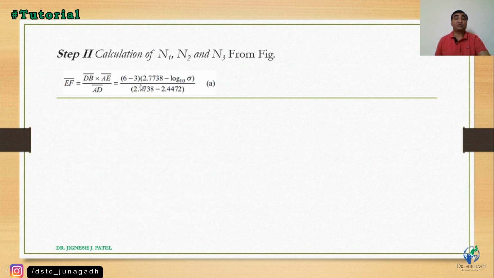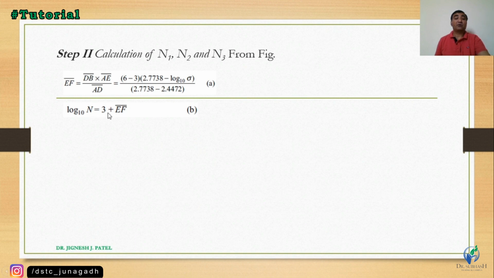From these two similar triangles, EF is equal to DB into AE upon AD. Now put the values: DB is 6 minus 3, AE is 2.7738 minus log sigma at point E, and AD is 2.7738 minus 2.4472. Now we know that log N is equal to 3 plus EF.